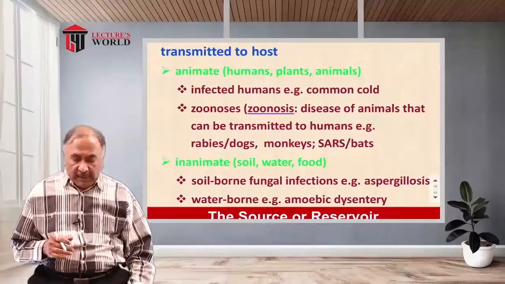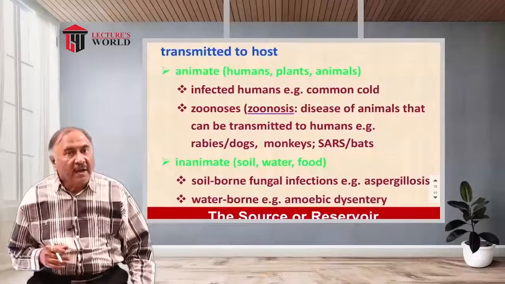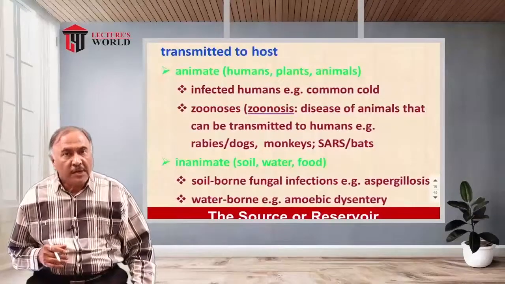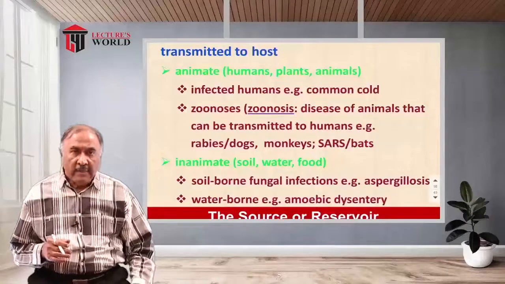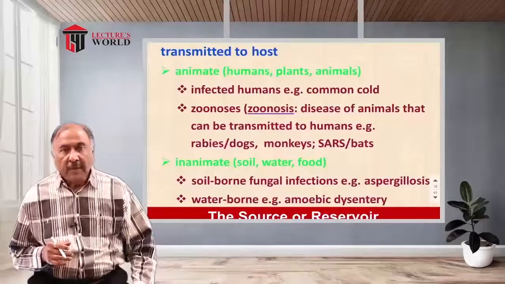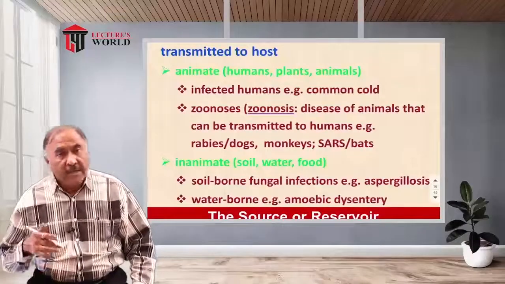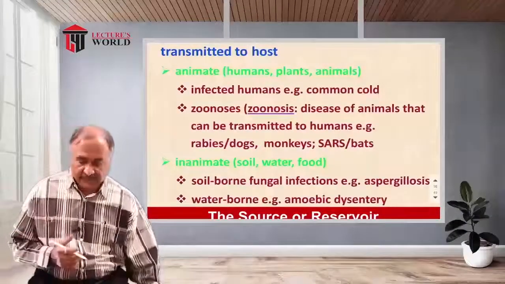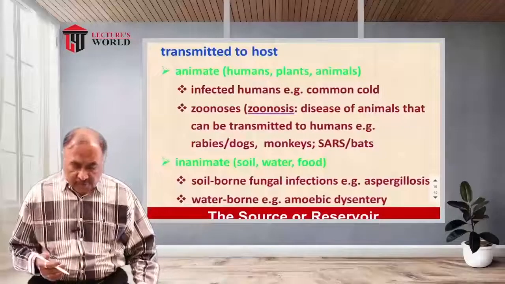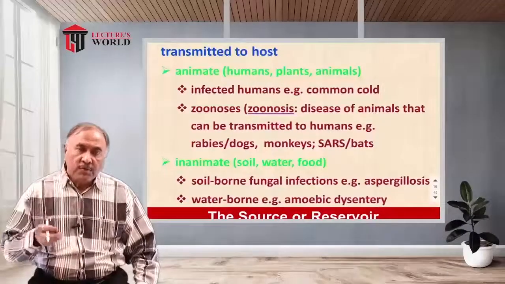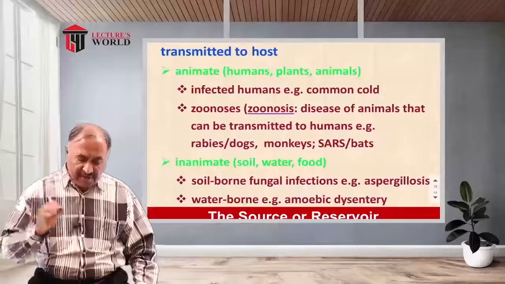When I say animate, it means living individuals, living entities. It can be human beings, it can be plants, or it can be animals and insects. So animate sources of infection means those individuals who have been infected.